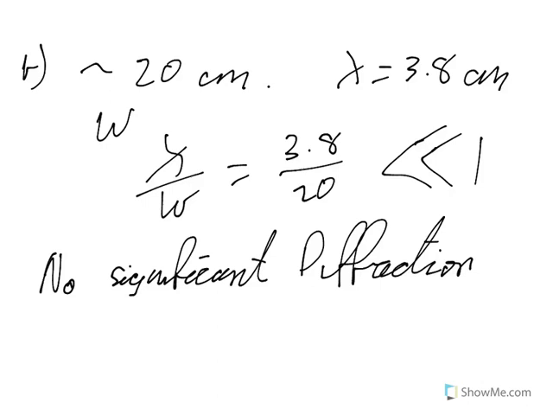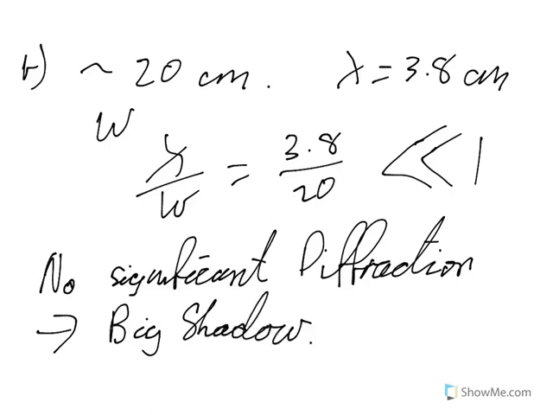If we're not going to have significant diffraction, that means we're going to have a big shadow. So the ear that's away from the sound is not going to hear it very well.